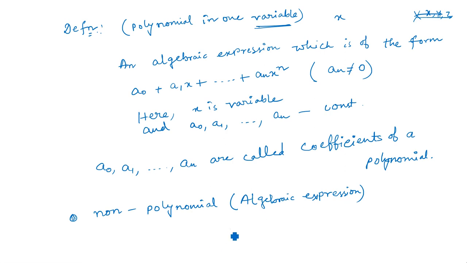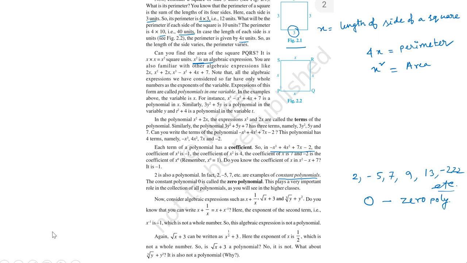So this is the question. Let us see an example, root x plus 3. Here the power of x is half, which is not an integer, not a natural number or 0.